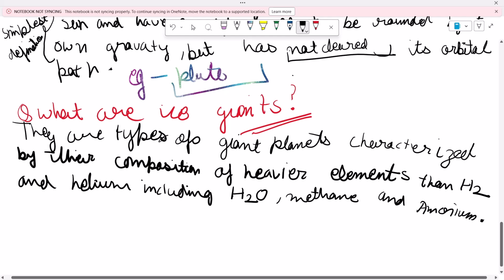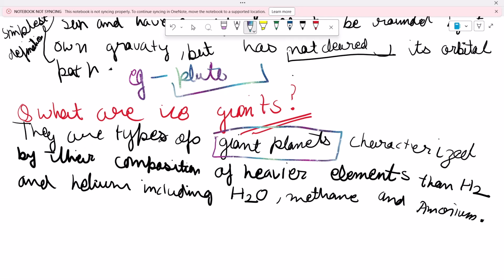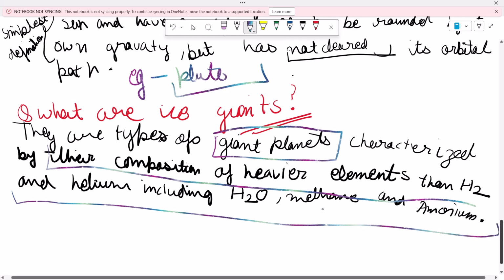So basically, they are types of giant planets characterized by their composition of elements heavier than hydrogen and helium, including water, methane, and ammonia. What is the example?